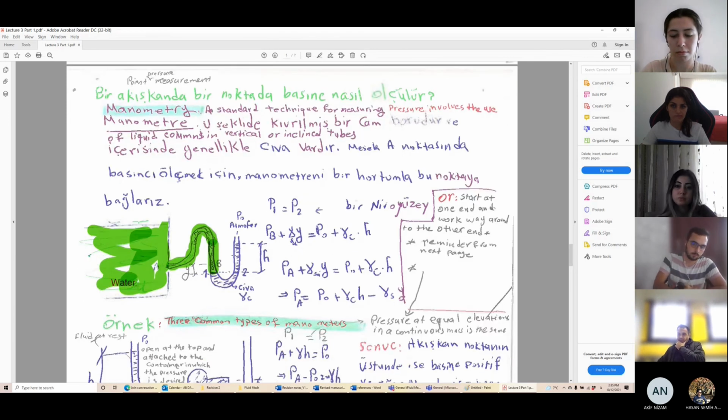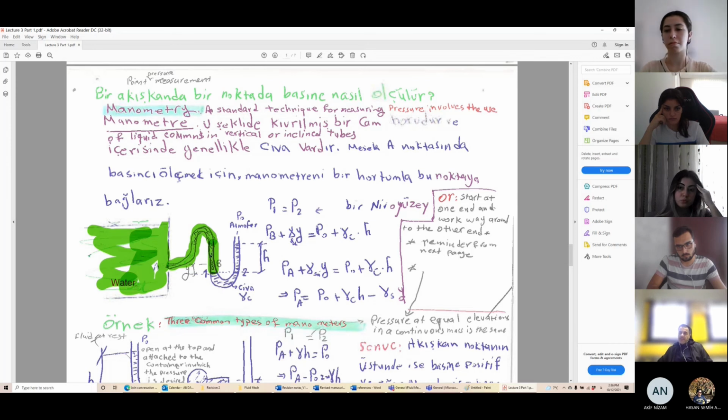To measure using a manometer, as I told you, we connect a manometer, this is my manometer, a U shape, using a hose or tube that links one end of this manometer to the point of interest, which is A. And because of the high pressure of water in the tank, water would like to move into the manometer.